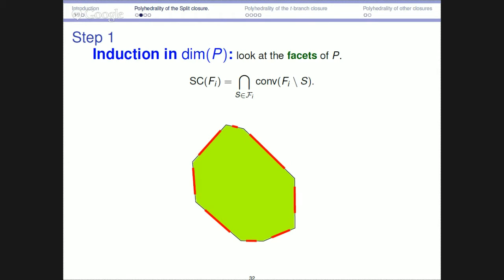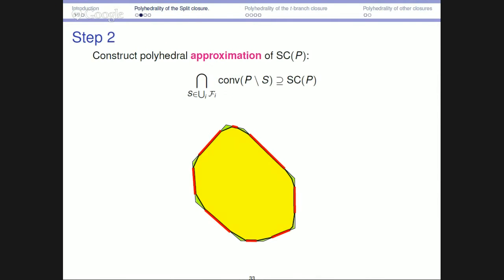For every facet the set may be different, but we don't care about that. So by induction, we know how to compute the split closure on each facet, not on the polyhedron, but on each facet. We will use these split sets to approximate the split closure of the original polyhedron. Instead of the infinite intersection, we consider the intersection of these finitely many splits, the ones given by the facets.